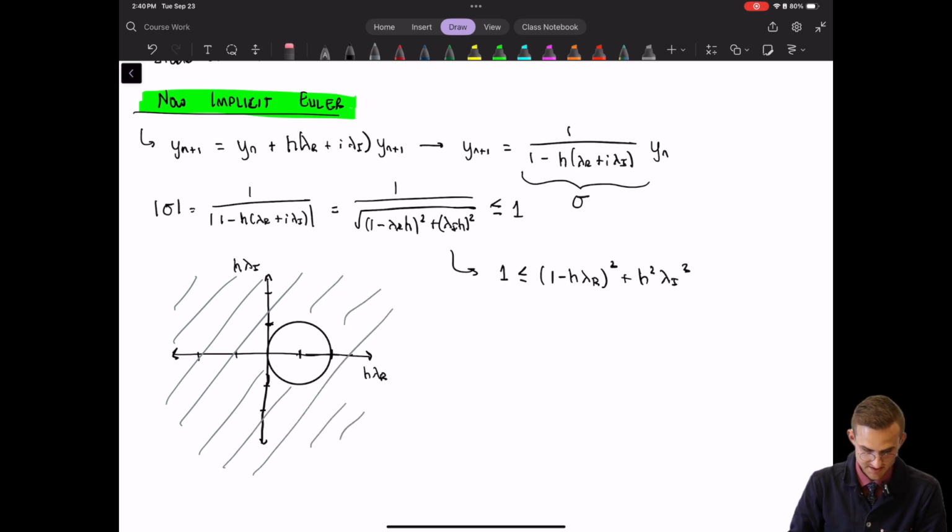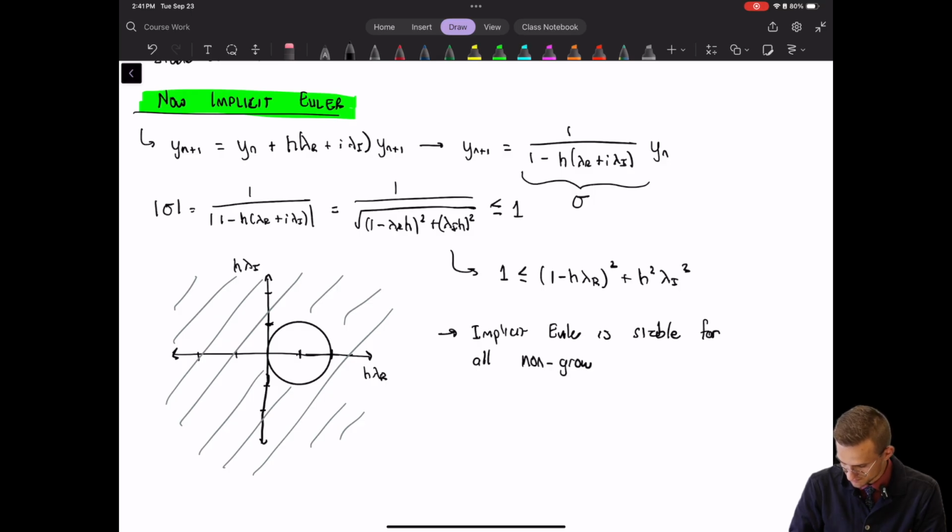and we can see that implicit Euler is stable for all non-growing solutions, where lambda r is less than or equal to 0.